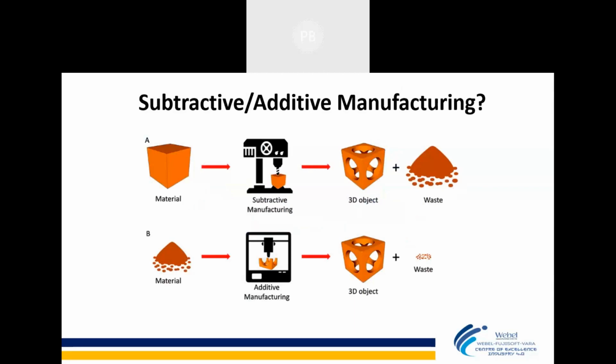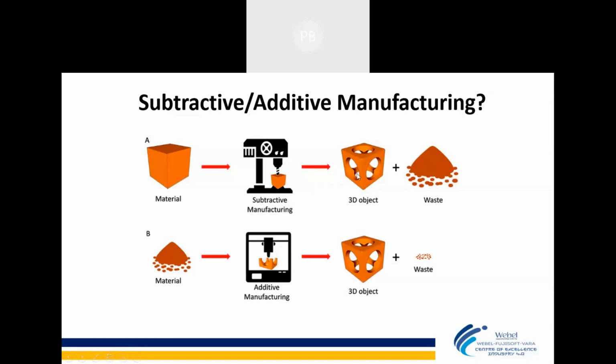Now, what are the core advantages? Why will we use subtractive, and why will we use additive manufacturing? In subtractive, there is a raw block of material. We cut the material in different forms, we do a drilling operation here, and then my desired product is this much.